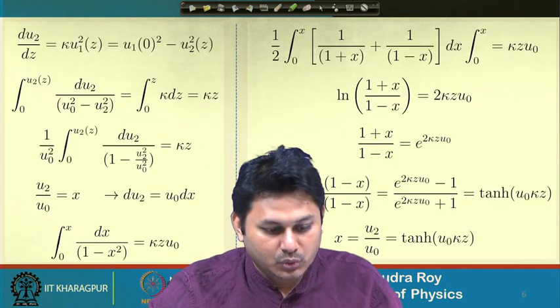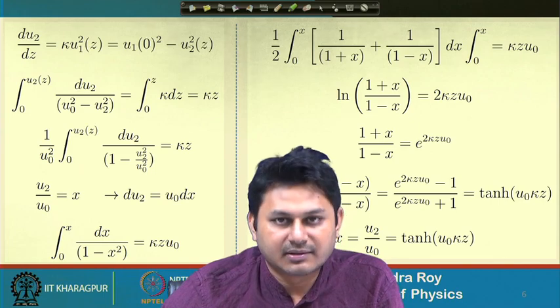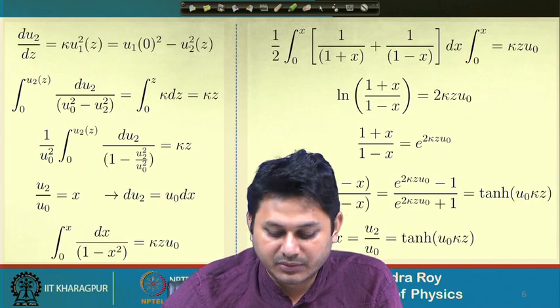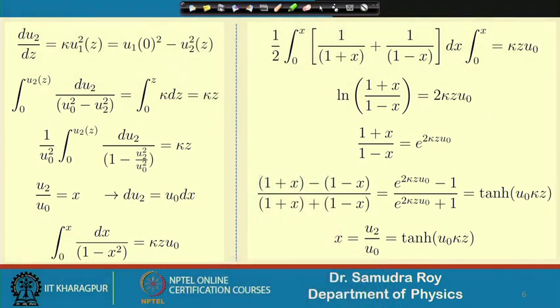Well, if I go to the next slide, this is an important slide, and we are going to find out the values of u1 and u2, as functions of z. So now I begin with du2/dz, because my aim here is to find u2.